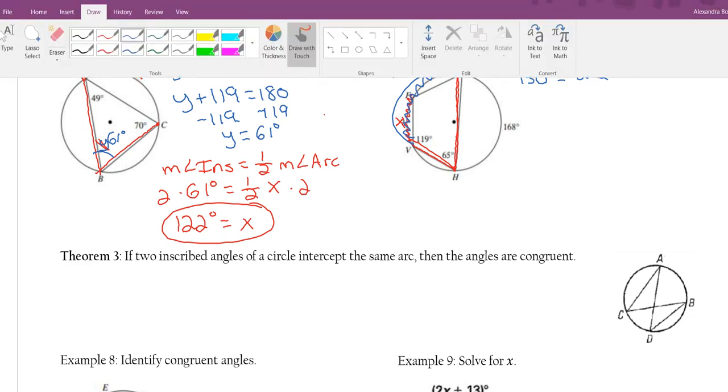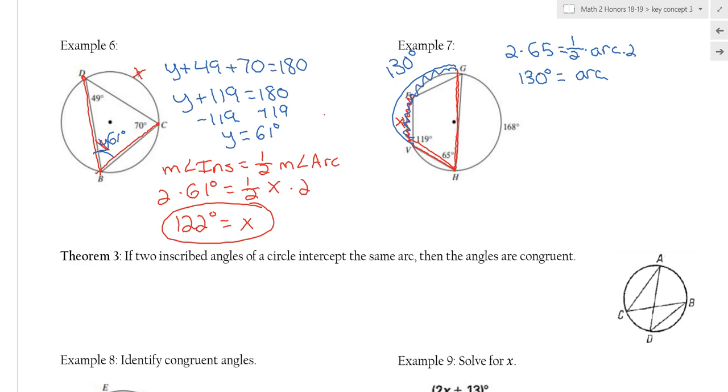I'm going to use the 119 to find this whole green arc. So 119 times 1/2 equals 1/2 times the green arc. Now I'm going to multiply both sides by 2. So the green arc equals 238.